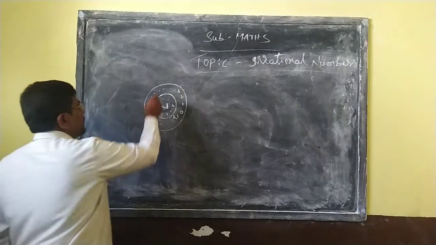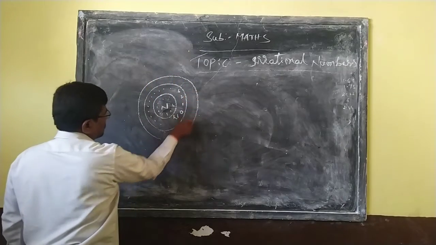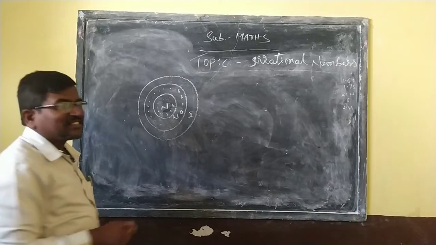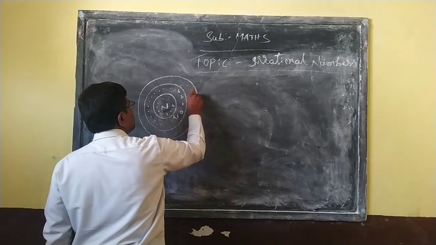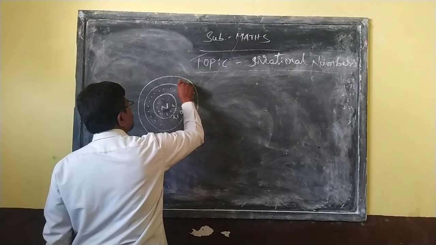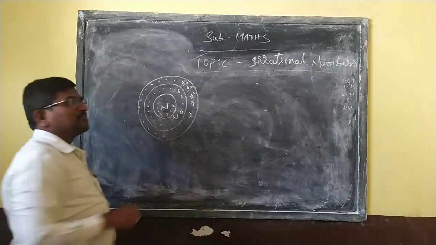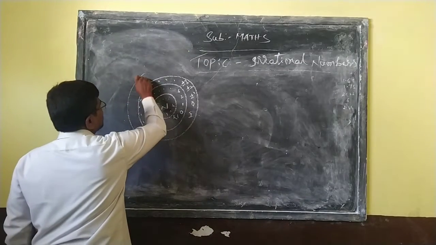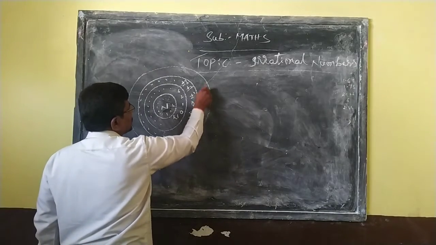The next after that is I, integers: 0, plus or minus 1, plus or minus 2, plus or minus 3 and so on. Then next after that, this is the rational numbers, that is Q.